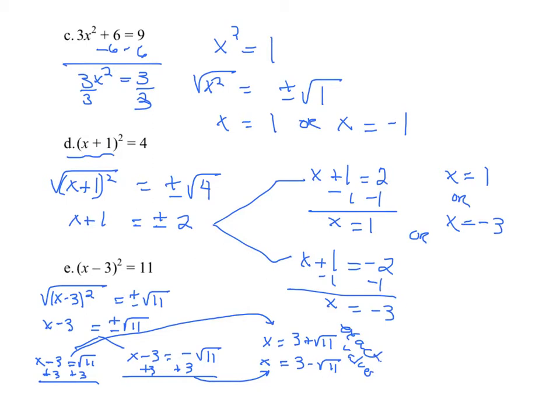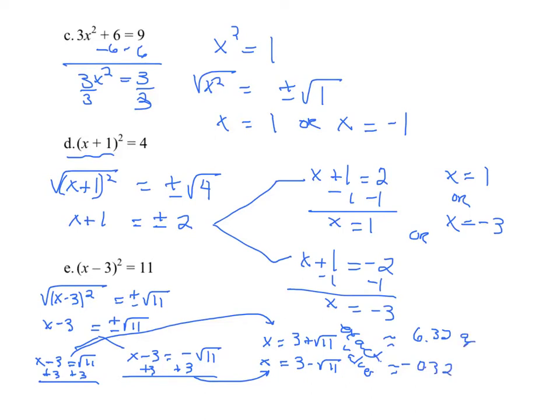Now, if I want to get approximate values, I just take my handy-dandy calculator out and do 3 plus the square root of 11, and I get approximately 6.32. And then I do 3 minus the square root of 11, and that's approximately negative 0.32.